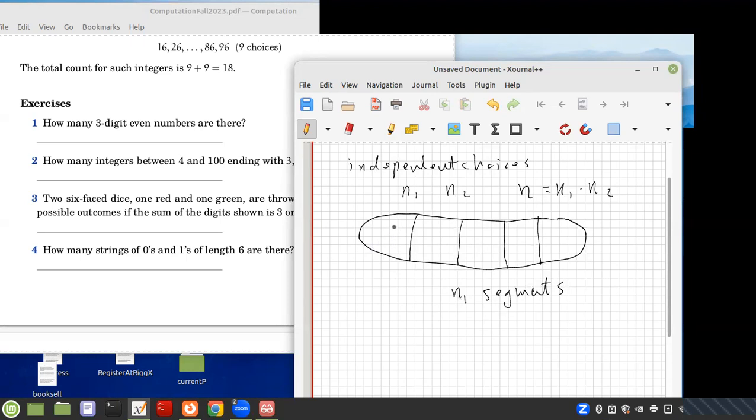And then let's say that each one of these has N2 items in it. Well, the total number of items that you have in the set S is going to be N1 times N2. Okay? But thinking about it as choices makes it easier to deal with.